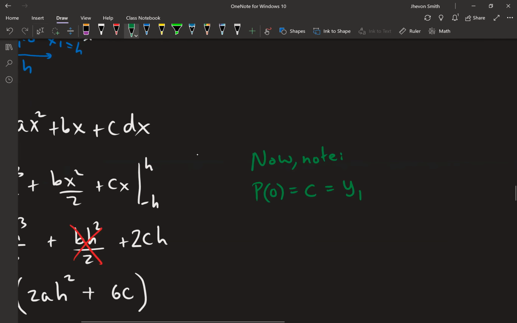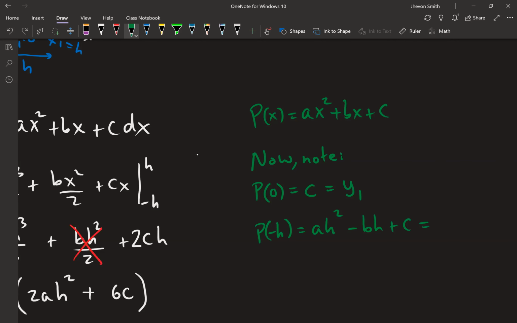On top of that, I know what p of minus h is going to be. My p of x is ax squared plus bx plus c. Now, p of minus h is simply going to be ah squared minus bh plus c.